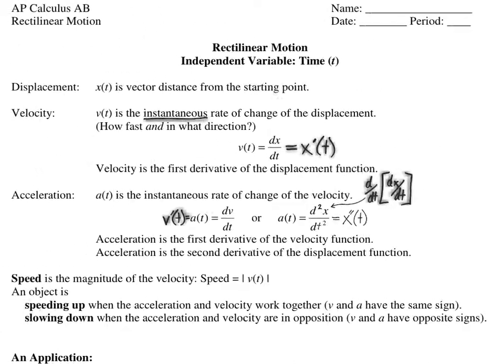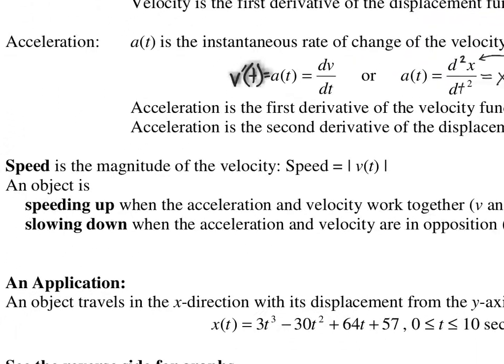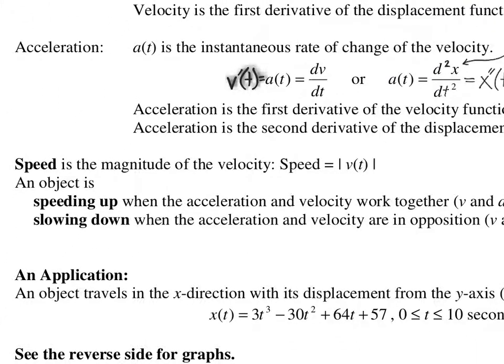And then speed. Speed is the absolute value of the velocity, so we're taking away the direction component. The magnitude of the velocity is our speed.